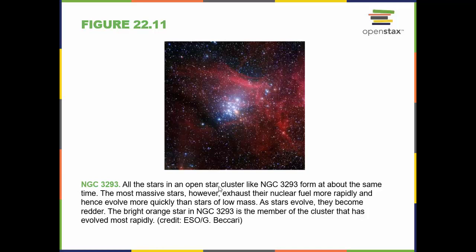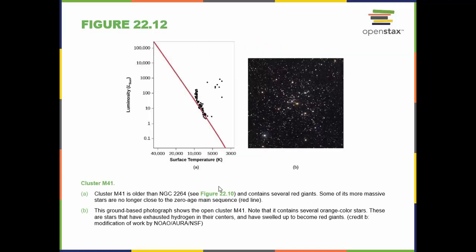If you move at a normal speed, you'll be able to go further than if you go really fast. And the reason is going really fast burns more fuel quicker. So we see the more massive stars often have a shorter lifetime on the main sequence.